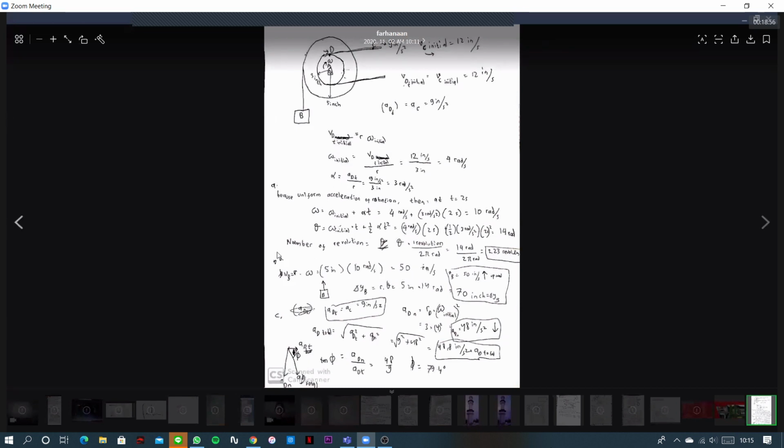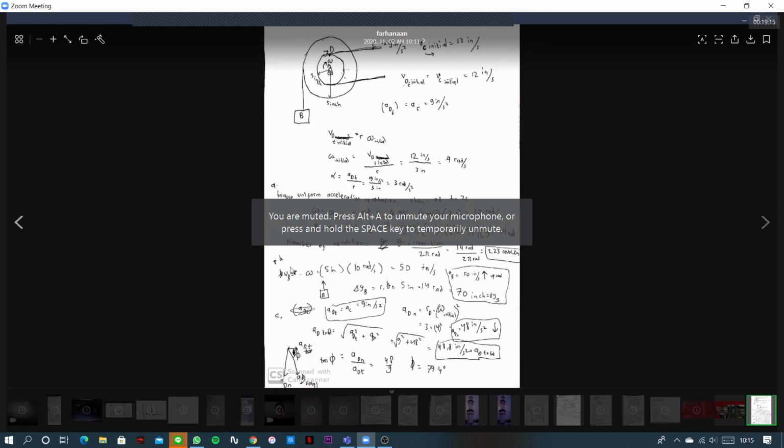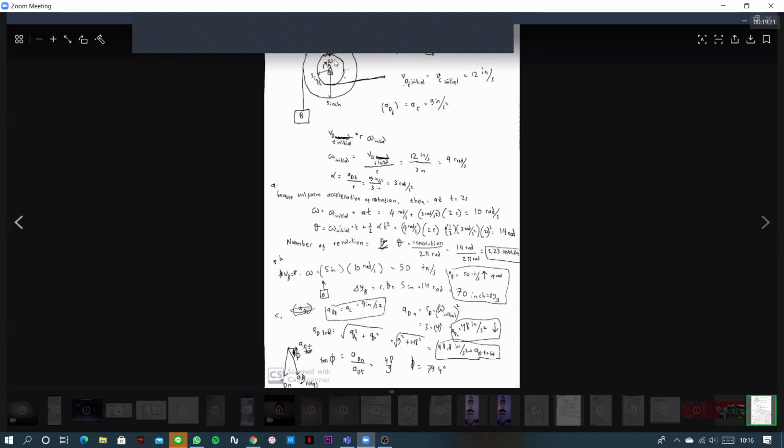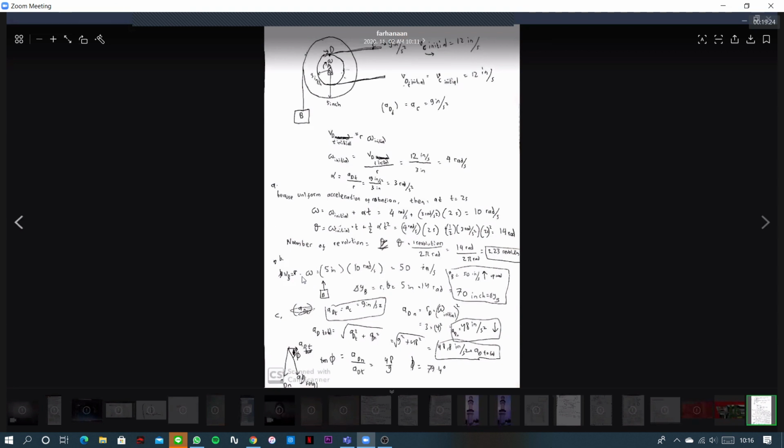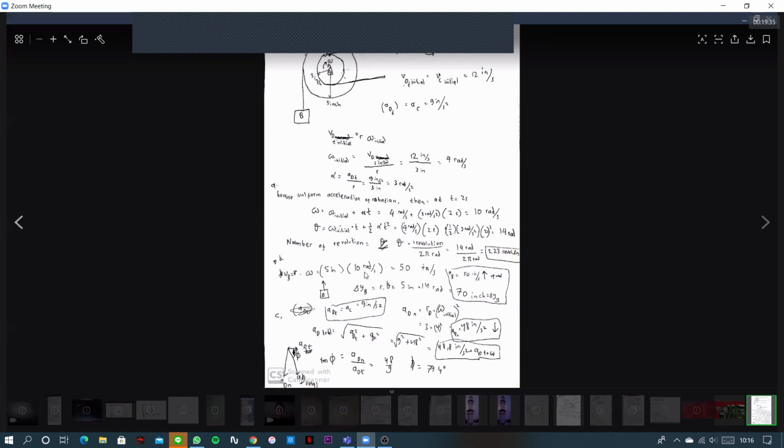The second question is to find the velocity of mass B, the load B, because of the pulling of point C. We get it by calculating the radius of the larger gear times the angular velocity. The angular velocity of the large gear equals the angular velocity of point D, which is 10 radians per second.